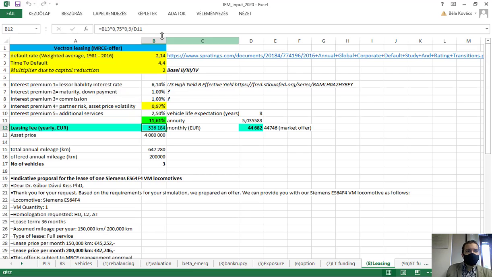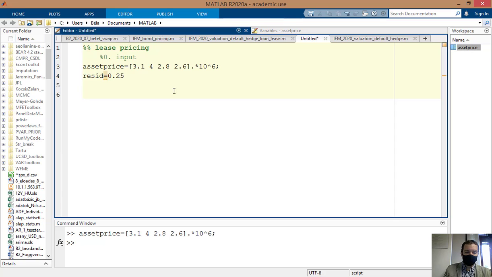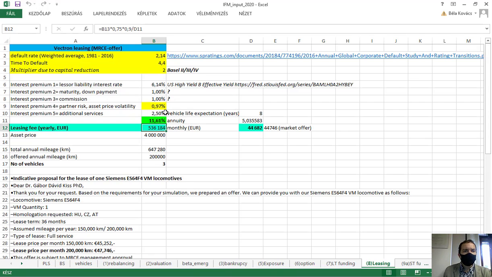Also, there is this 0.9, which comes from US GAAP. We are keeping it here, we don't want to change this.